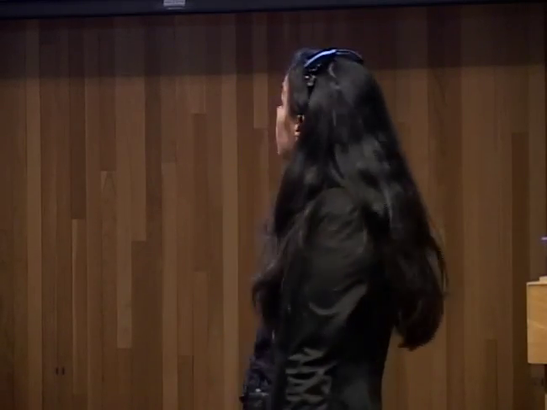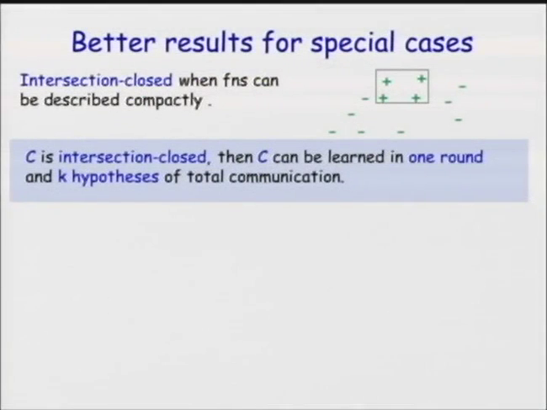Okay, a simple case here is for any intersection closed concept class. A concept class is intersection closed if it has the property that if we have a hypothesis Hi in the class and a hypothesis Hj in the class, then their intersection is also in the class.